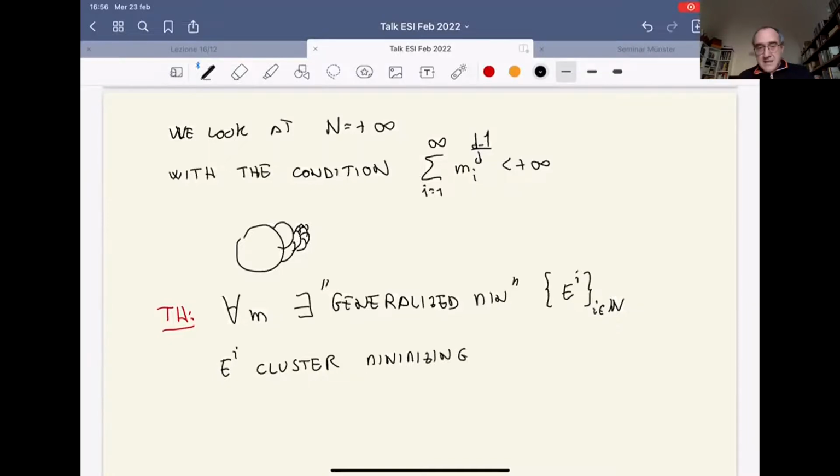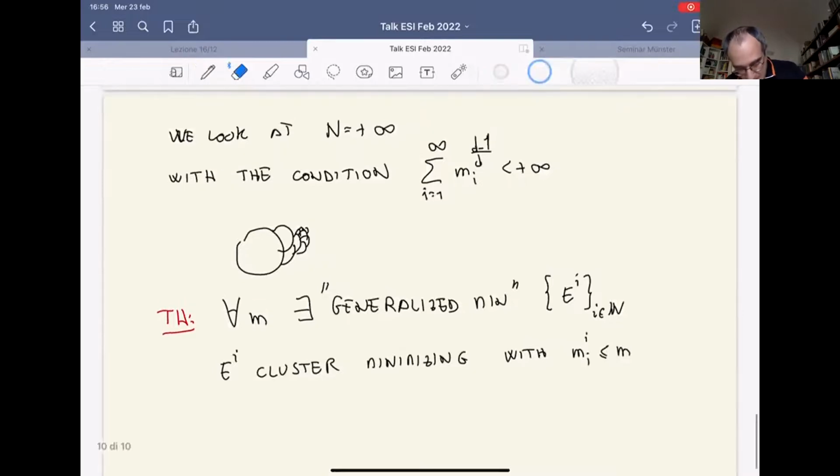And each piece at infinity is a cluster minimizing the perimeter with its own volume, let's say m_i less than or equal to m. These m are vectors now, but let me just use a little abuse of notation: I'm saying here that each component is smaller.